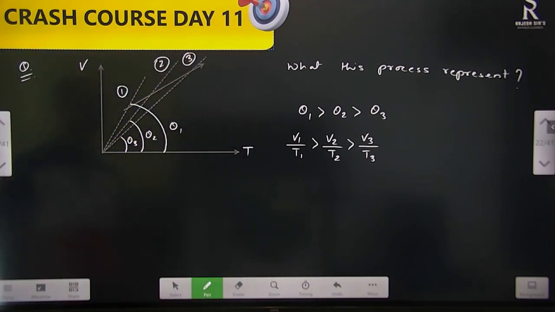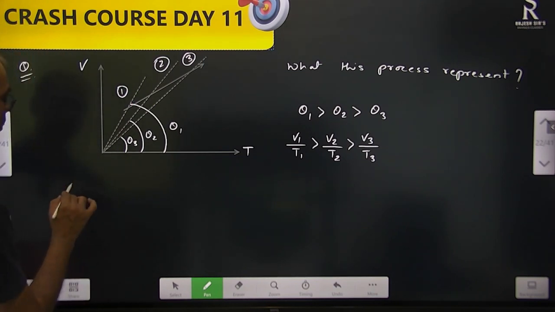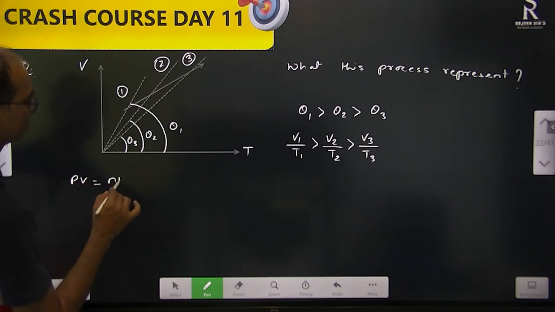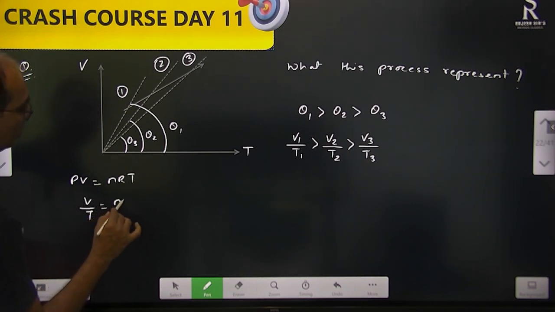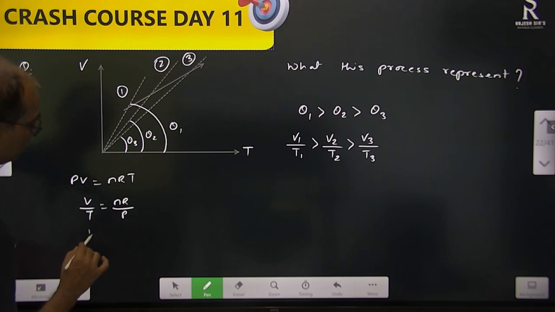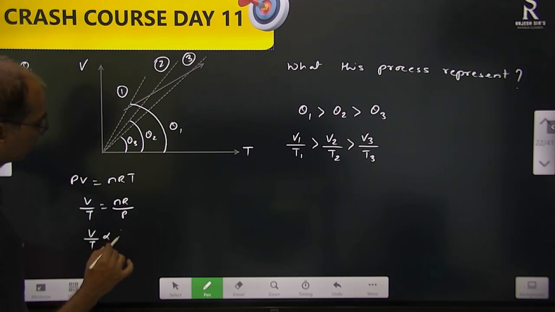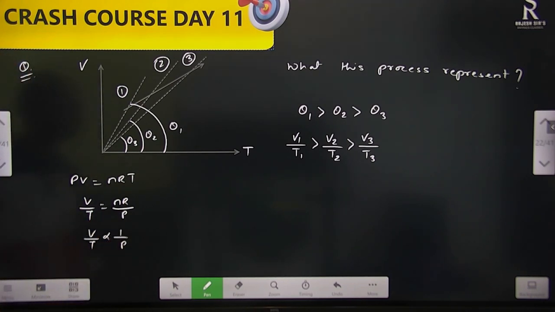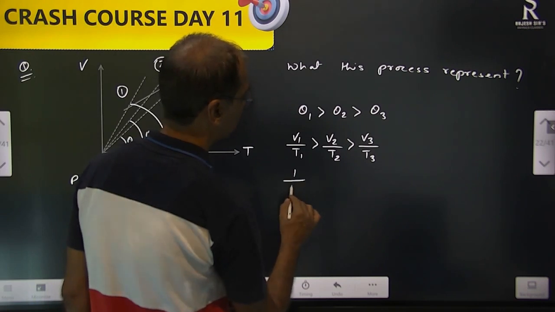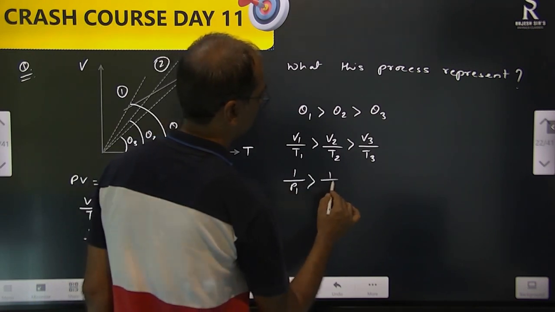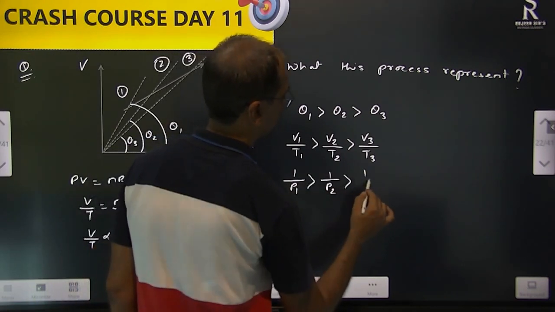Correct. Now V by T represents what? PV equal to nRT, you know. So V by T is actually representing nR by P. That means V by T is inversely proportional to P. So that means 1 by P1 is greater than 1 by P2 is greater than 1 by P3.